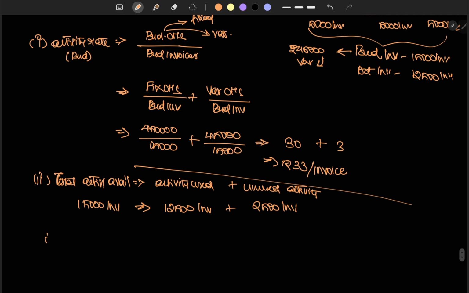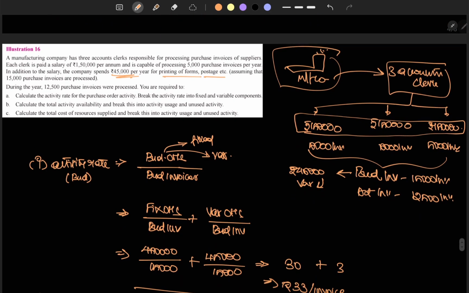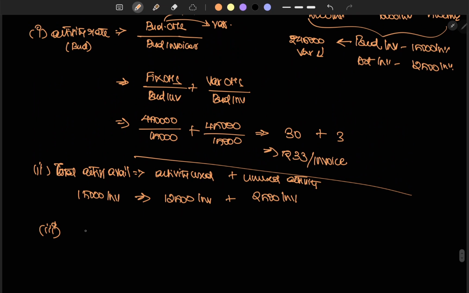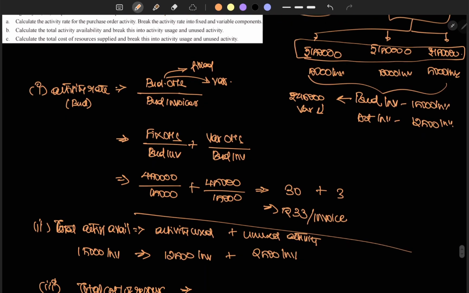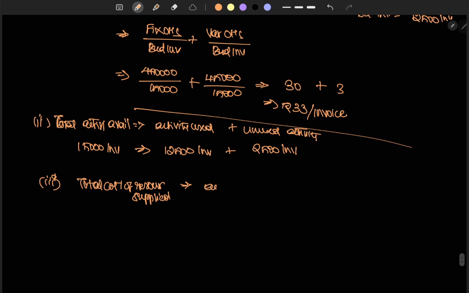So that is finished. The third one is total cost of resources supplied. What could be the resources supplied for available activity, used activity and unused activity? Total cost of resources supplied is activity usage plus unused activity.